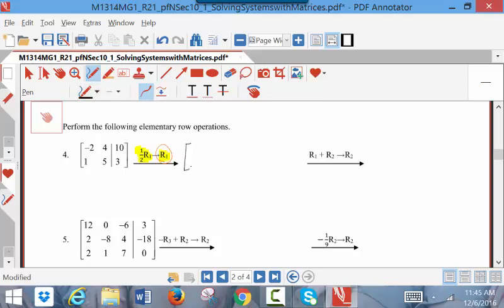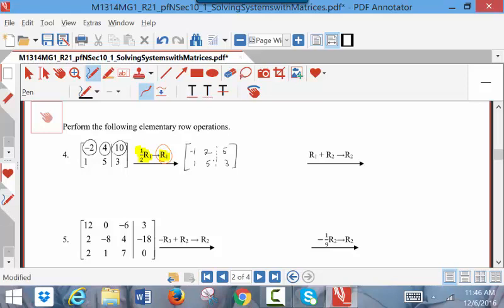So we leave row 2 alone, and it's probably good practice to go ahead and write in the terms that are not going to change. Now the ones that are going to change: take 1/2 of row 1 and put those numbers back into row 1. 1/2 of negative 2 is negative 1. 1/2 of 4 is 2. And 1/2 of 10 is 5. So that's my resultant matrix from doing what it has asked me to do.